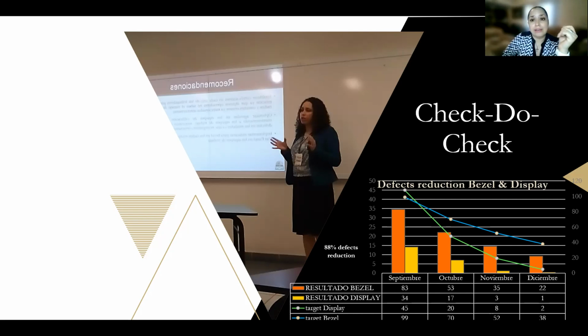So what you're taking a look at on this graph is about the defects that those automobile stereos were presenting when they were getting produced. There were some defects on the bezel and the display. What are the bezel and the display? Okay, so you have a certain space for the radio.